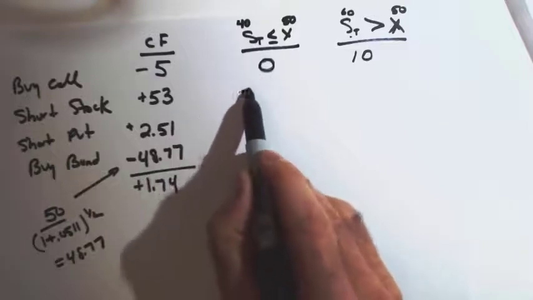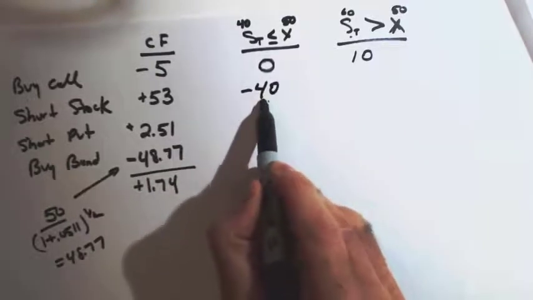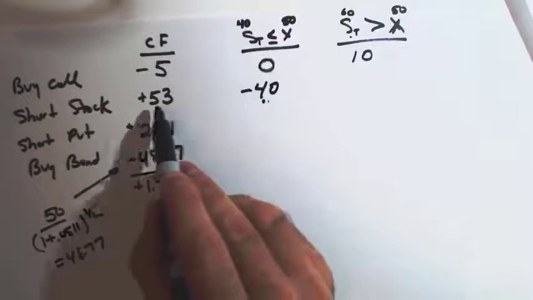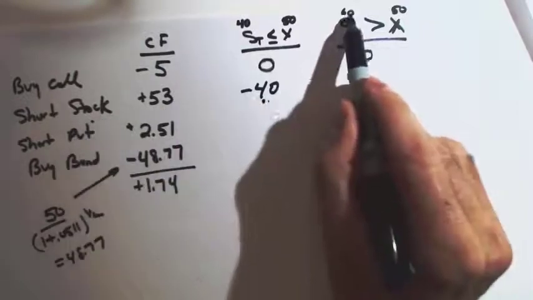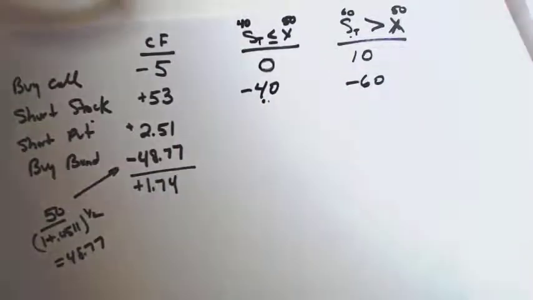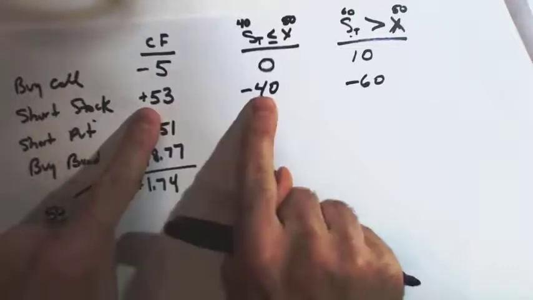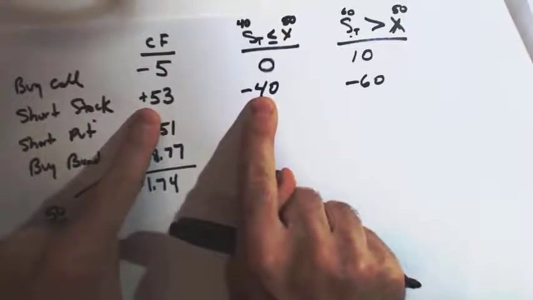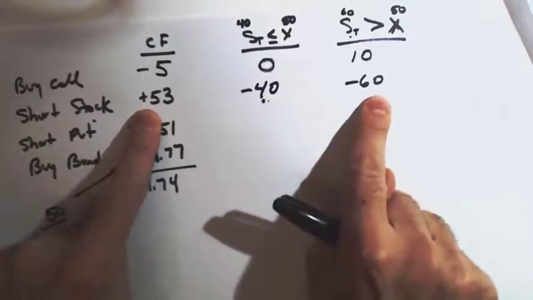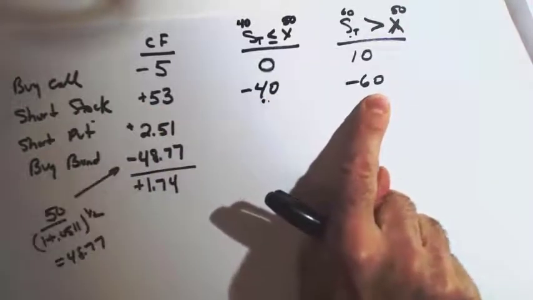And if the stock is at 40, you're going to pay $40 to buy the stock to cover the short position. And here, if it's 60, you got to pay $60 to buy the stock back. So there's our payoffs, negative. Makes sense because you sold it for 53, you got to buy it back for 40. You're happy, you made $13. Here you lost 7 if the stock goes up.